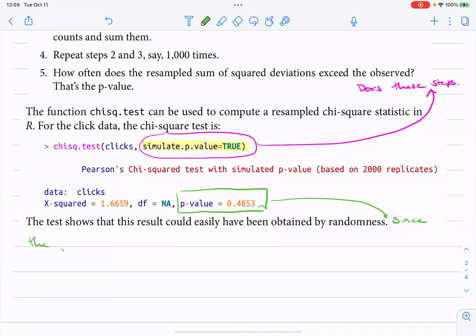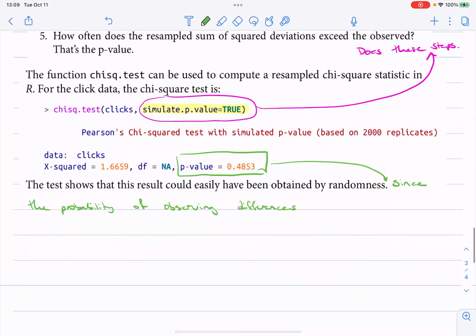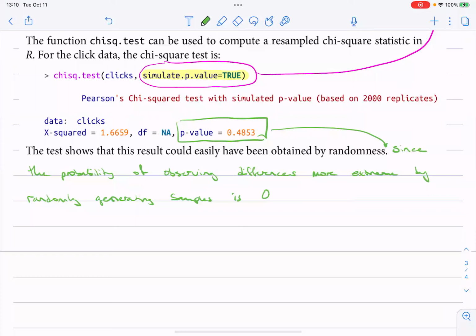So since the probability of observing differences more extreme by randomly generating samples is 0.4853, which is quite large.